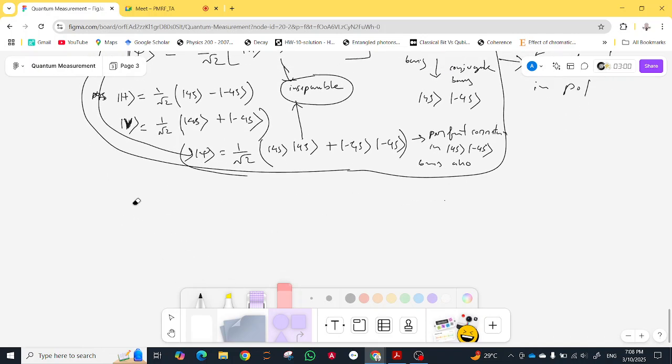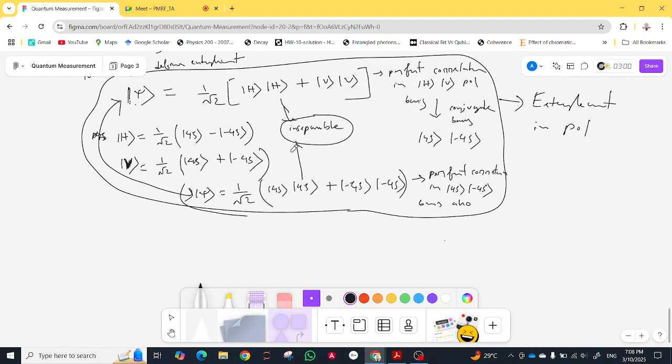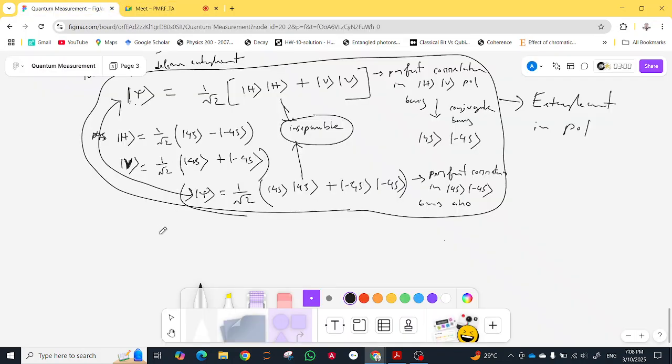Similarly, you can have entanglement in time, energy, or position, momentum, everything, right? You just need two conjugate bases. Here the two conjugate bases are H and V, and plus 45 minus 45 degree.